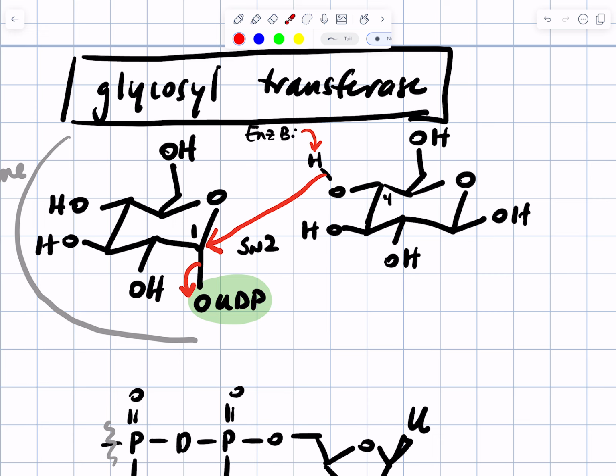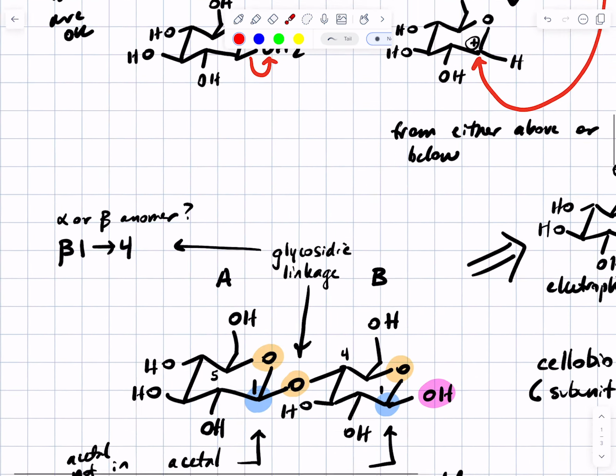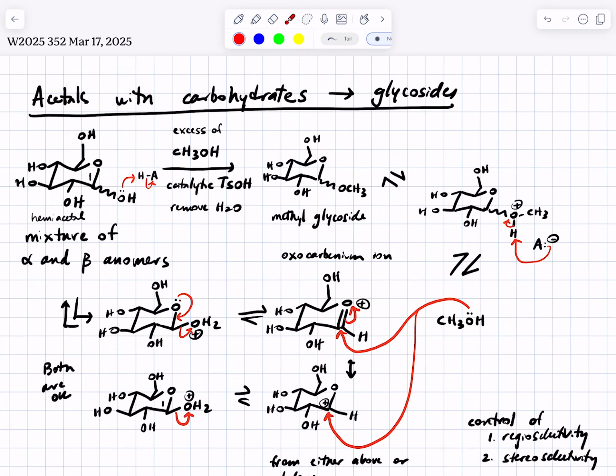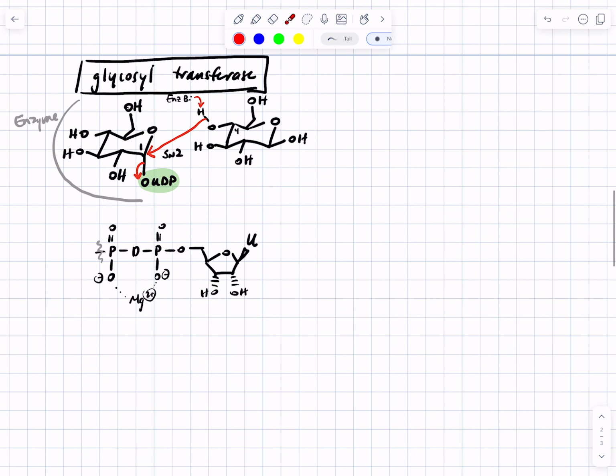Now, if you were to take some glucose and mix it together with a small amount of acid and then just start boiling it, you'd be making rock candy, and that does involve uncontrolled acetal formation on most of the hydroxyls. And that's why rock candy gets so thick and eventually becomes a solid, because you've made so many cross-links. Okay? All right. So we talked about glycosidic linkages. We talked a little bit about glycosyl transferases.